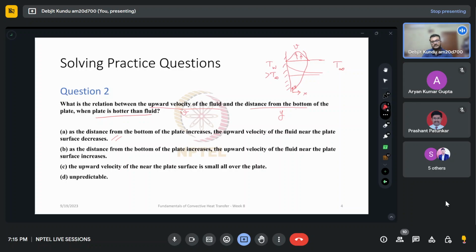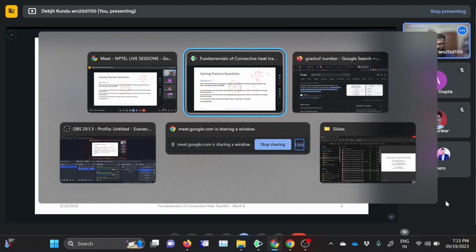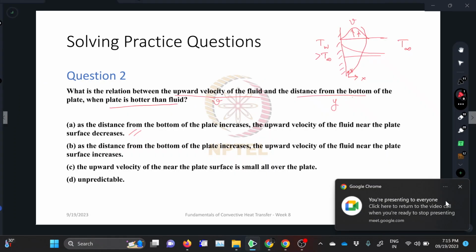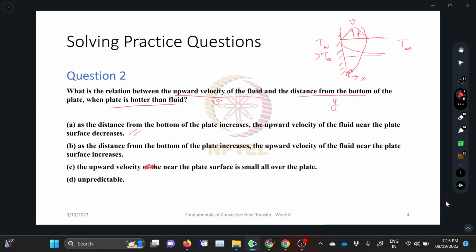Or is it option C, that the upward velocity near the plate surface is small all over the plate? Or is it option D, unpredictable? There are some mistakes over here.